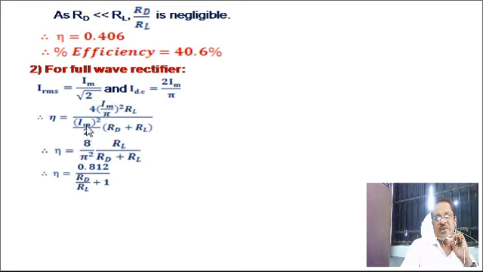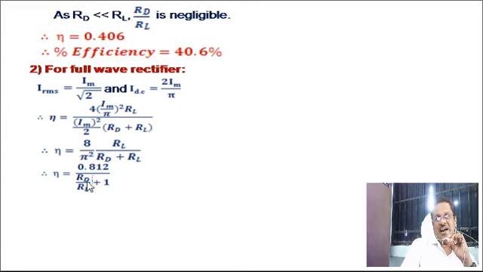Im square will get cancelled into RL divided by RD plus RL. Pi square is 9.86, so 8 by 9.86 is 0.812 divided by this RL will go in the denominator place, so it will be RD upon RL plus RL by RL, that is 1.